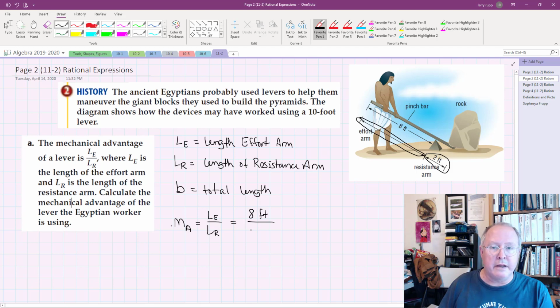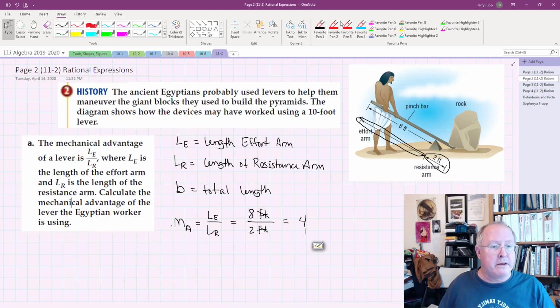L sub R is the length of the resistance arm, and you can see from the diagram that it is 2 feet. So the mechanical advantage then is 4. This is a unitless number, because feet cancels feet, and 8 divided by 2 is 4.